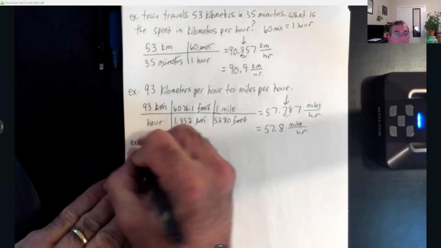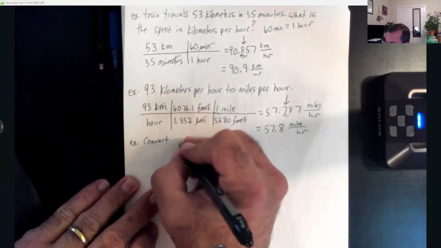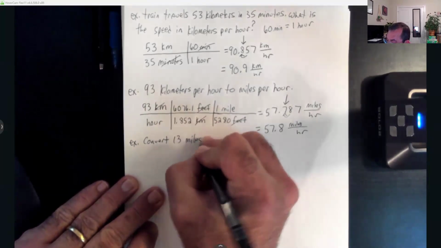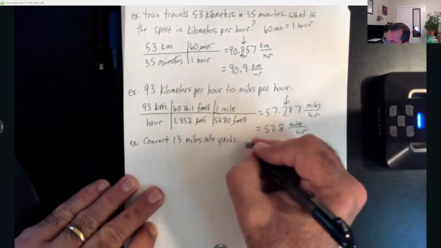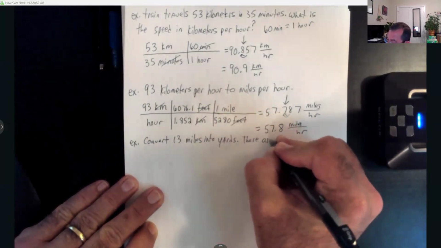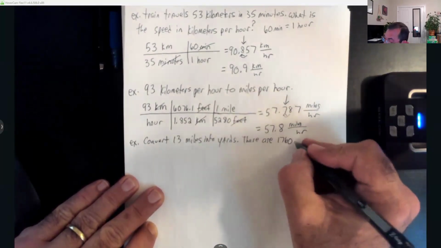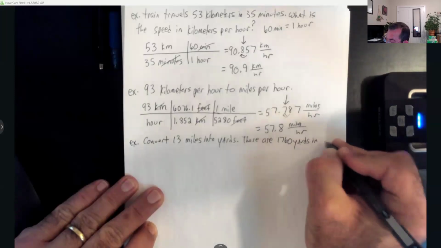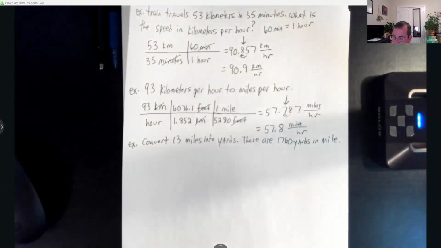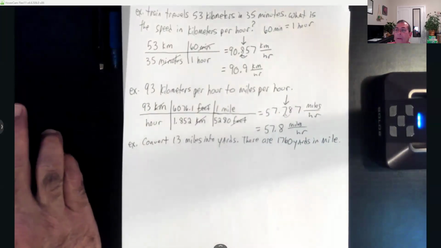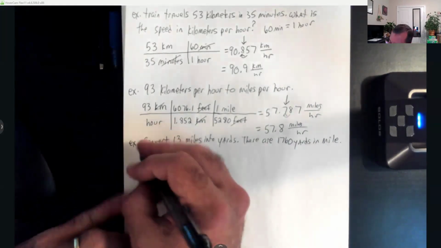Oh, y'all, this one says convert 13 miles into yards. Now, this one actually says there are 1,760 yards in a mile. All right, so what are we starting with? 13 miles.